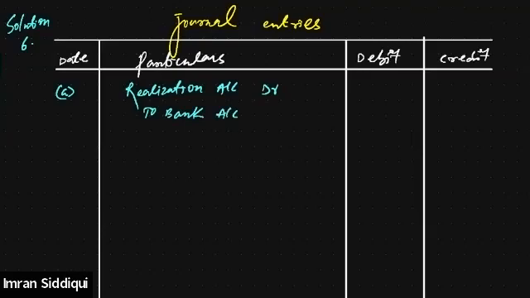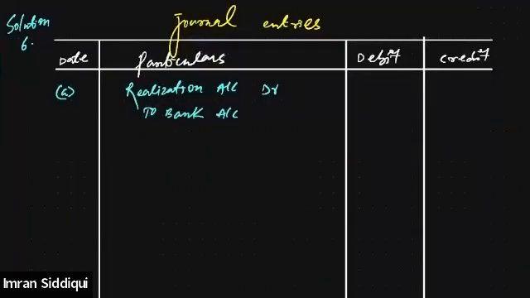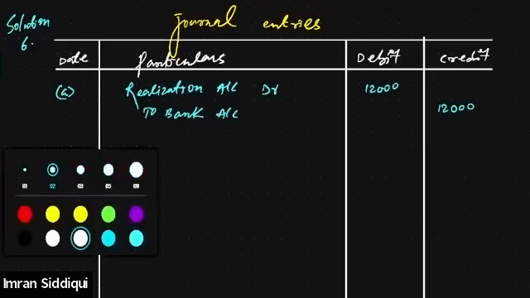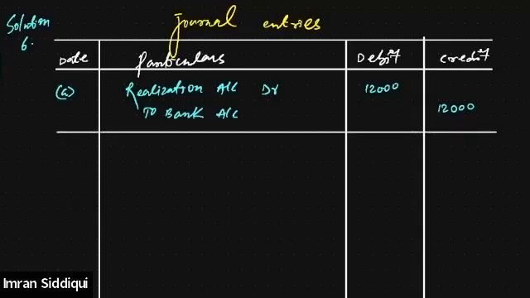The correct general entry for this will be realization account debit to bank account. Now let's see the value. The value was 12,000. So we will write 12,000 in the debit column and 12,000 in the credit column. Is that clear, everybody? Yes or no? Yes, sir. Okay.